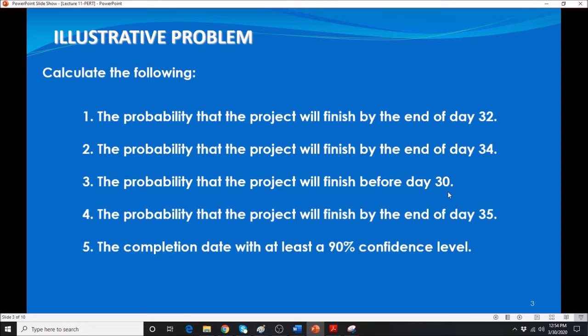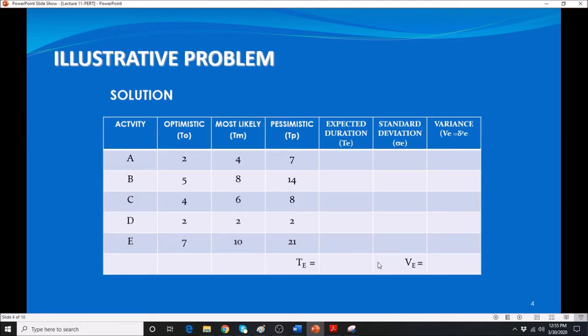And you need to be very careful with your answer. And there will be questions wherein the probability will be given, and we will be asked to determine the day or schedule that will provide us a 90% confidence level. All right. So for the solution, we will be setting up a table.